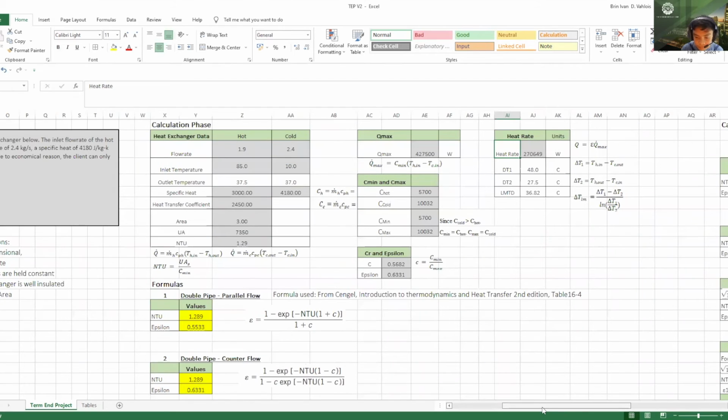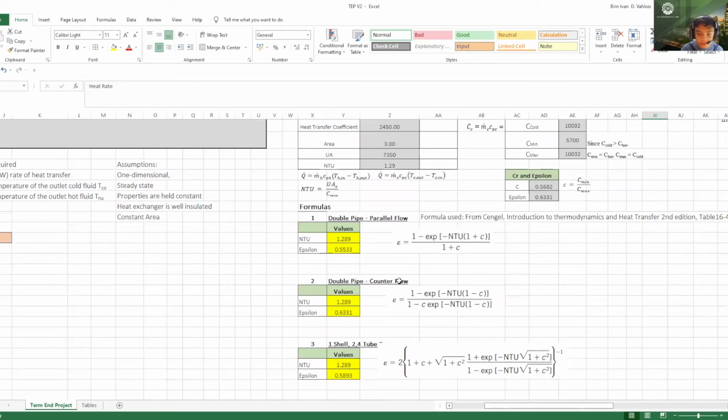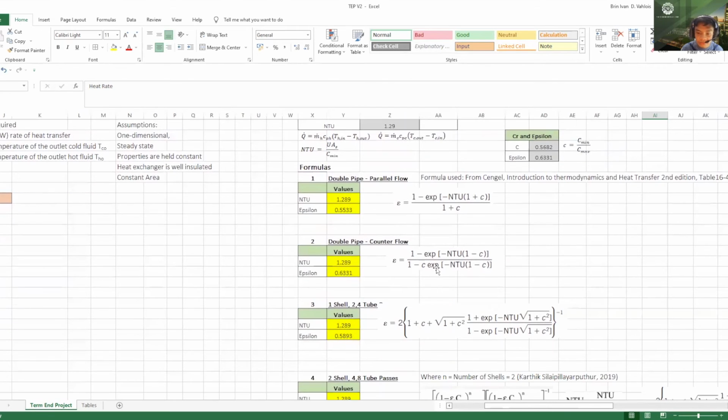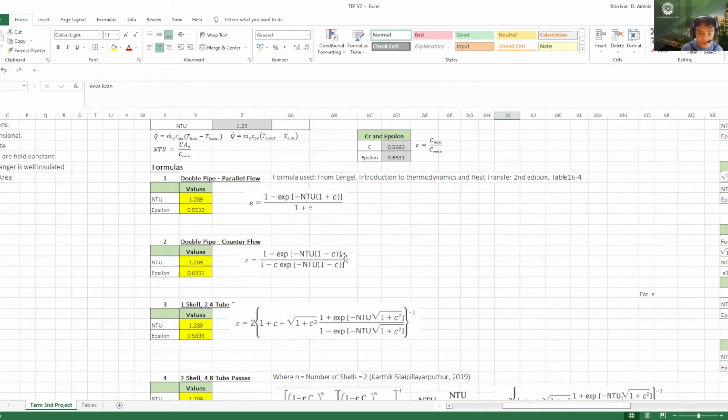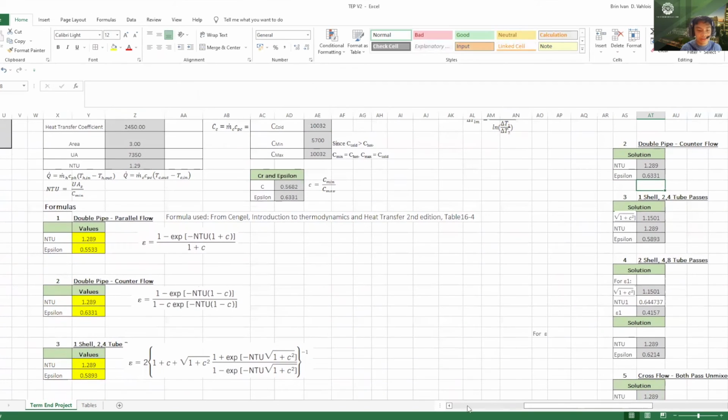For double pipe counterflow, here is the formula. As you can see, it is straight substitution. You have NTU, you have C, so it is direct substitution that we'll put in Excel. Okay?